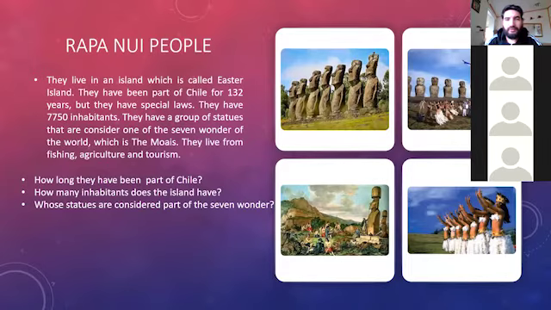Do you know? Can you guess? So it was Rapa Nui's people. Entonces aquí dice, ¿de quién es la estatua que se considera una de las 7 maravillas?